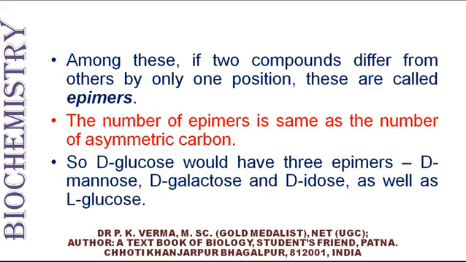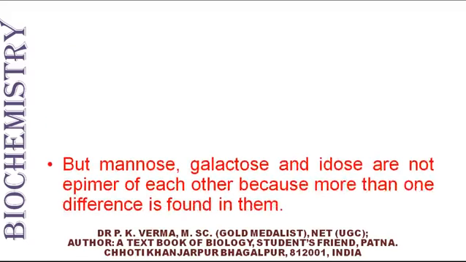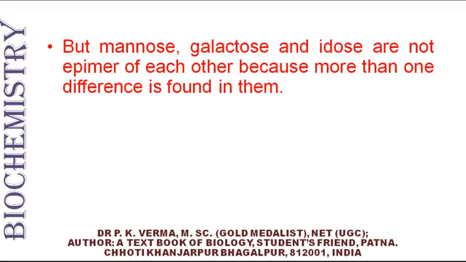In the L family, L-glucose also may be regarded as an epimer. But mannose, galactose and idose are not epimers of each other because there is more than one difference, in fact two differences, in each of them.